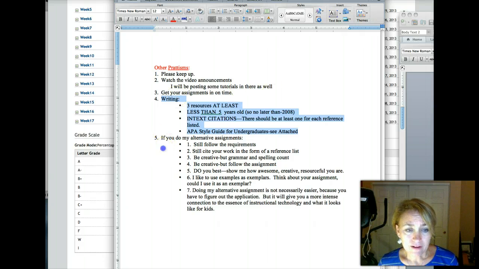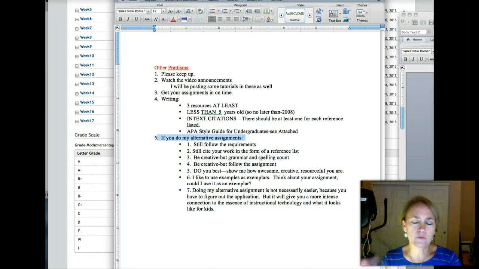Now, if you're going to do an alternative assignment. Sometimes, like down the road in Module 4, would be about week 8, I might say, instead of writing the paper, why don't you do this assignment instead? And I'll give you the whole parameters, I'll give you a rubric, and maybe you can do a Glogster instead of the assignment, or maybe you can do, I don't know, a Voki, or I don't know.